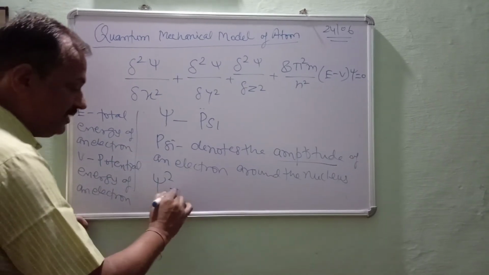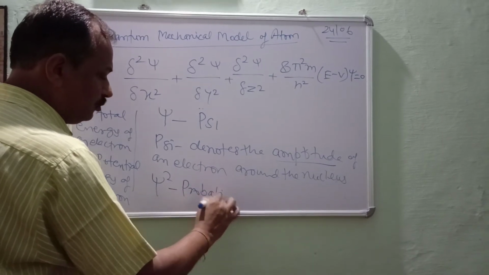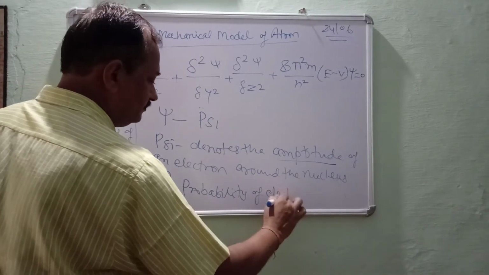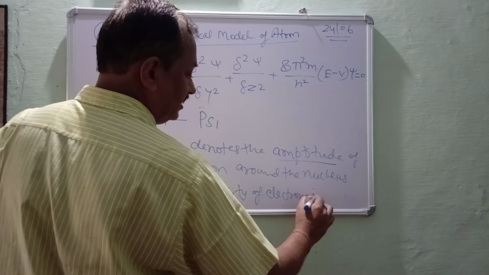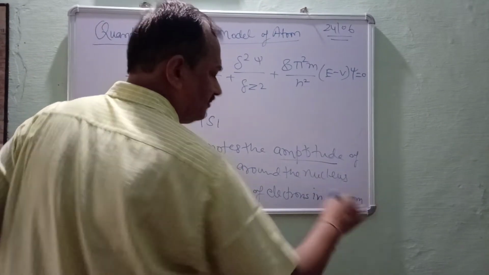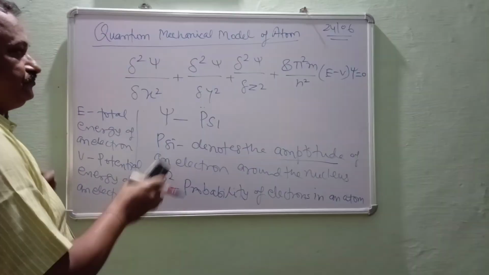When we square psi, psi square gives the probability of finding the electron in an atom, or you can say the electron density.